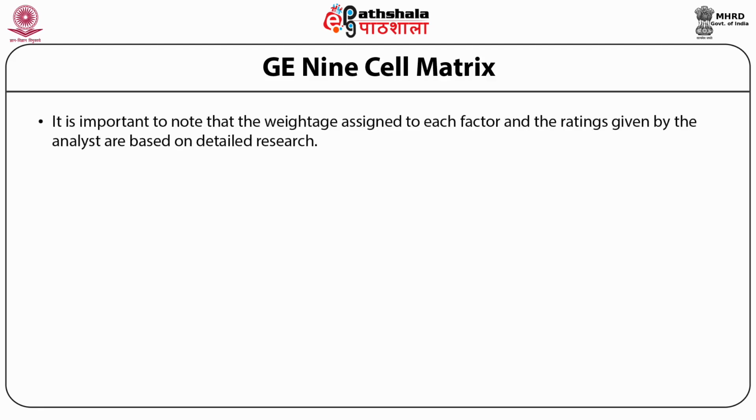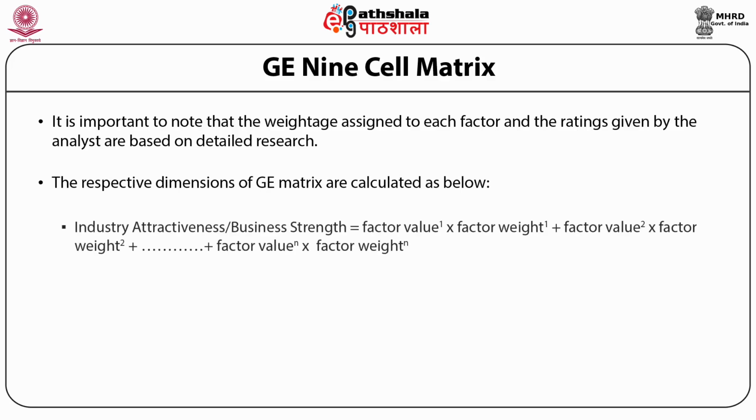It is important to note that the weightage assigned to each factor and the ranking given by the analyst are based on detailed research. The respective dimensions of the GE matrix are calculated as below: industry attractiveness or business strength equals the sum of factor value times factor weight, from factor 1 up to the nth factor.